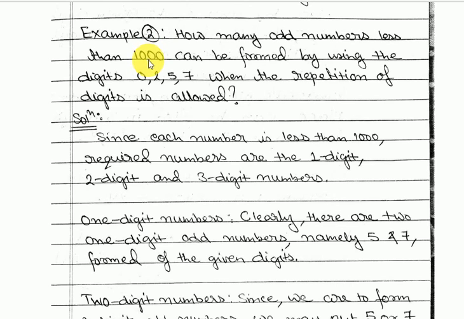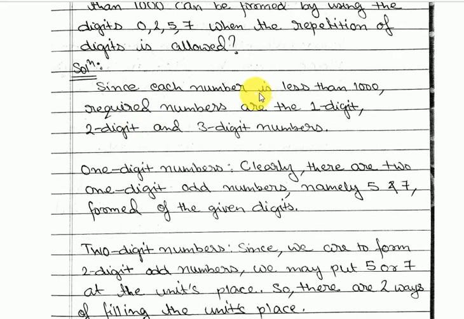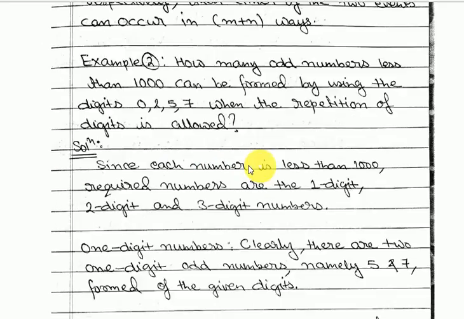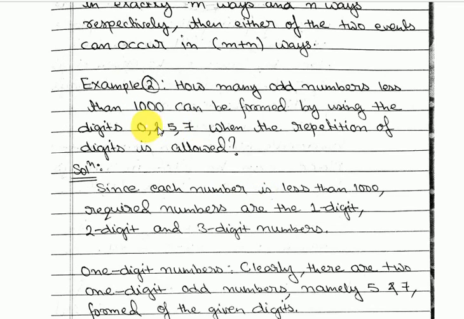Clear? So let's see. Since each number is less than 1000, required numbers are 1-digit, 2-digit or 3-digit numbers.